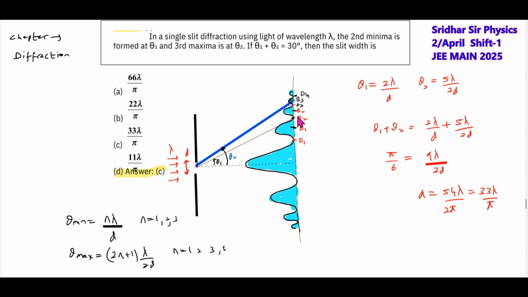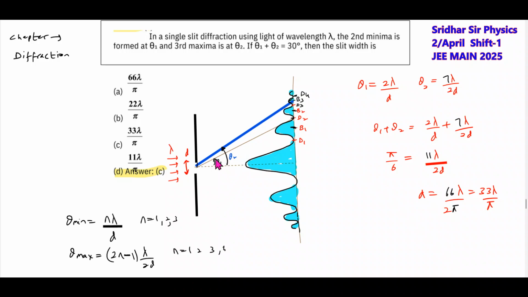Third maxima, so this will be 2n plus 1. Okay, so these are the formulas. The angular position of the maxima are given by this formula where n equal to 1, 2, 3, 4.